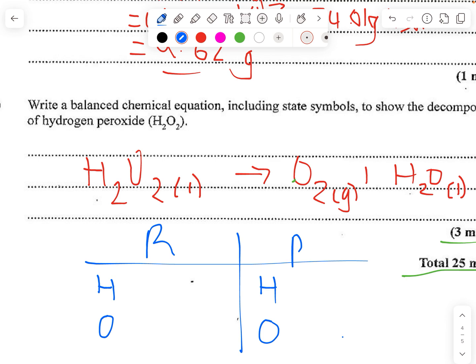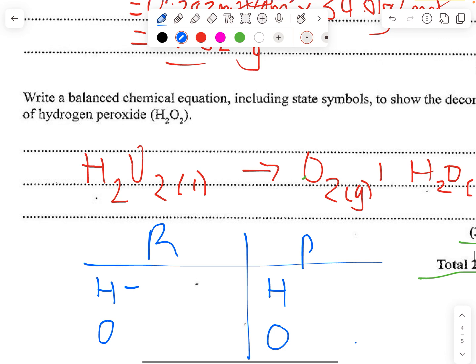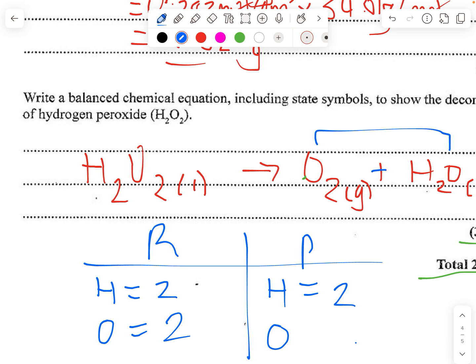No, whatever elements you begin with, those are the elements that you should end up with. So let us put in the totals for these elements. On the left, we have 2 hydrogens and 2 oxygens. On the right, we have 2 hydrogens and 2 plus 1 oxygen, which is 3.